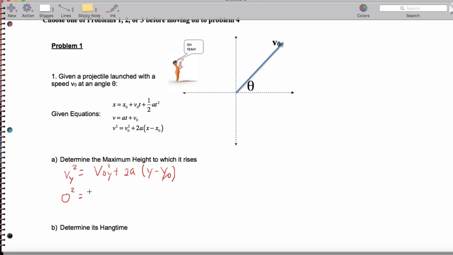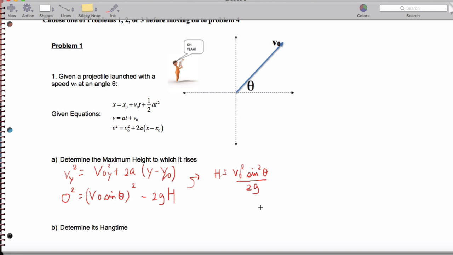Its launching speed is v naught sine theta, squared, minus 2g times the height that it's going to get to. And when we rearrange that, we're going to get h equals v naught squared sine squared theta over 2g.